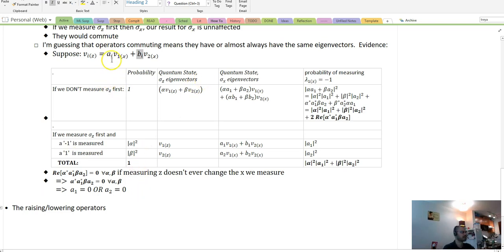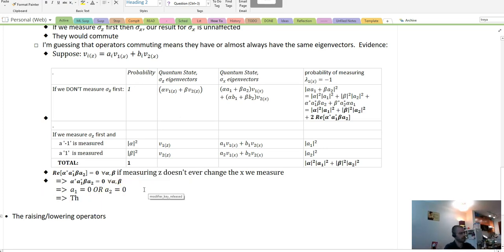And what this is saying is if one of the A's is 0, for that Z spin, it corresponds exactly to the other X spin, because one of the A's is 0, right? And the other B will be 0. And so what this is giving us ultimately is that the Z eigenstates are exactly the X eigenstates.